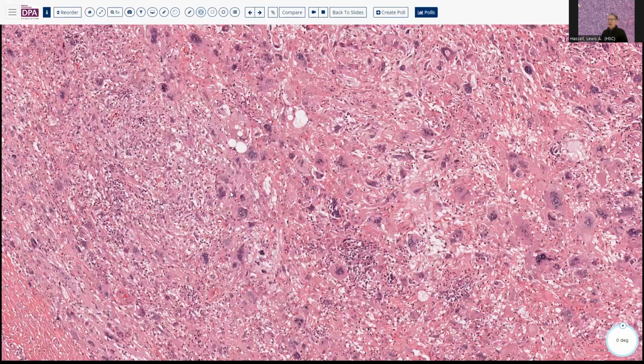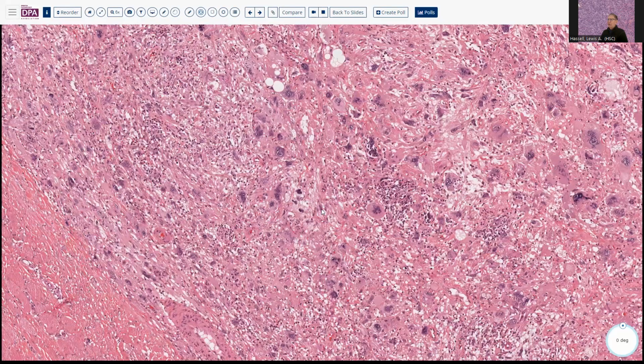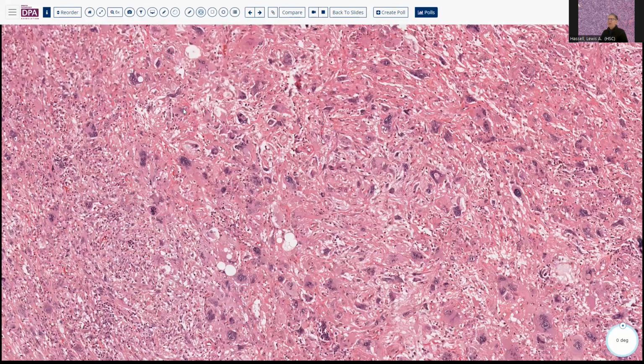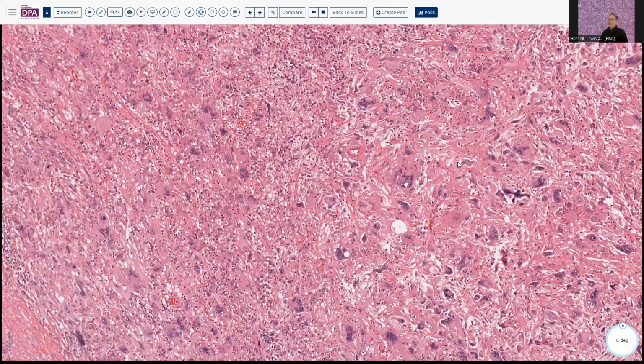These are the lipoblasts. And so a highly pleomorphic tumor with lipoblasts or vacuolated pleomorphic cells like these should incline you towards pleomorphic liposarcoma rather than undifferentiated pleomorphic sarcoma.